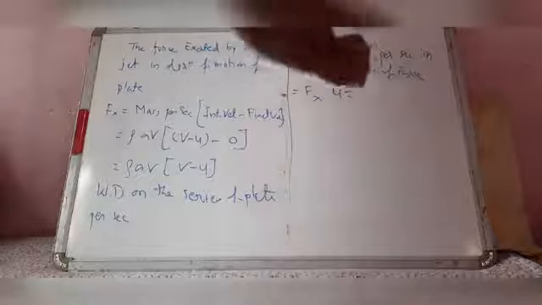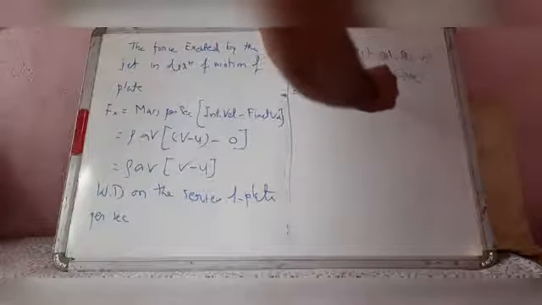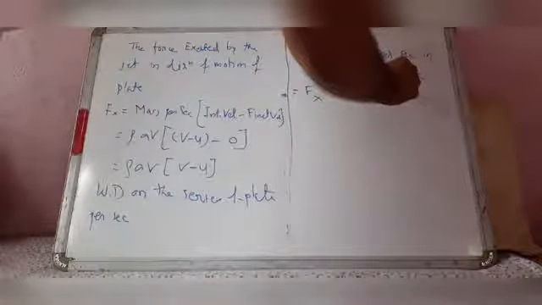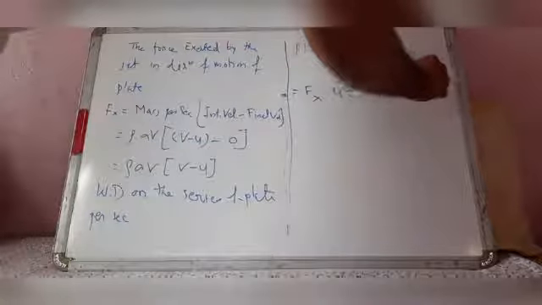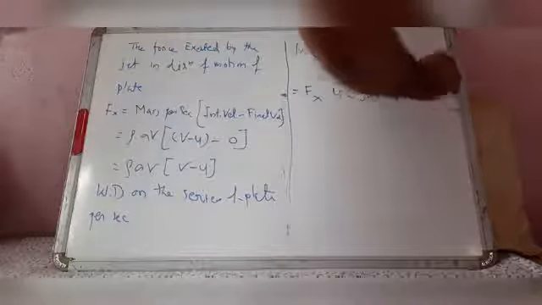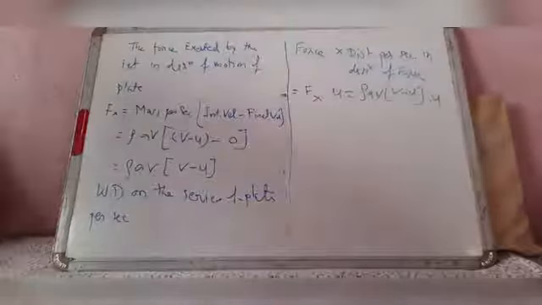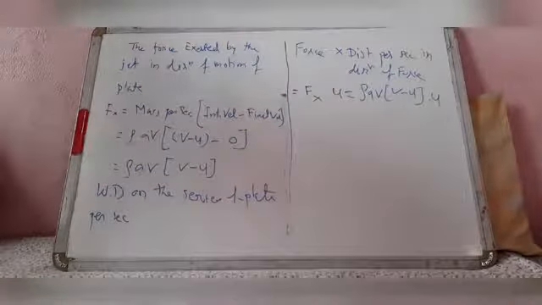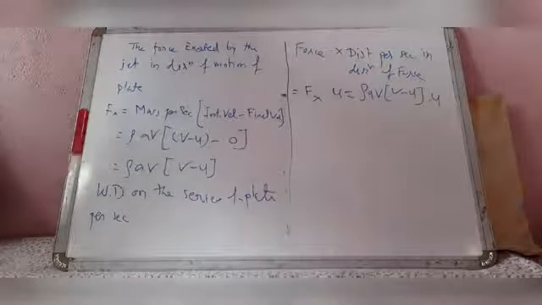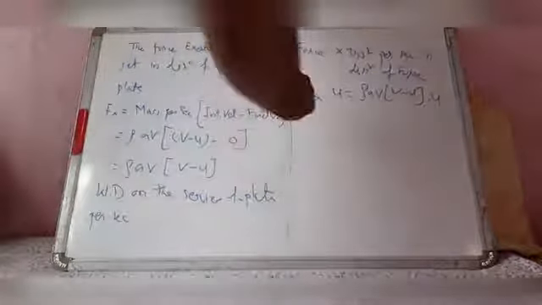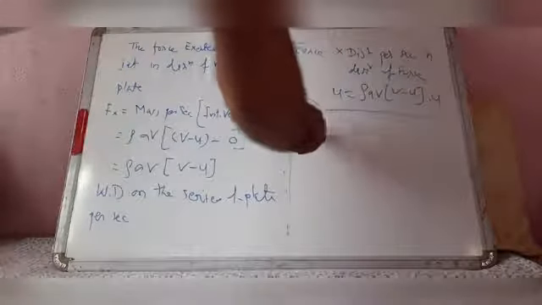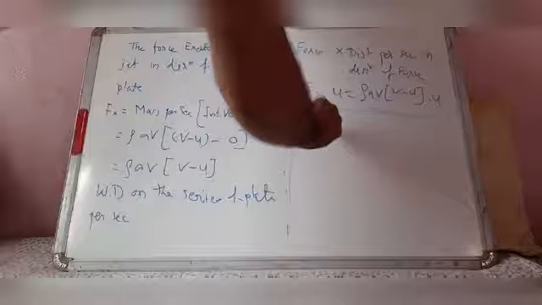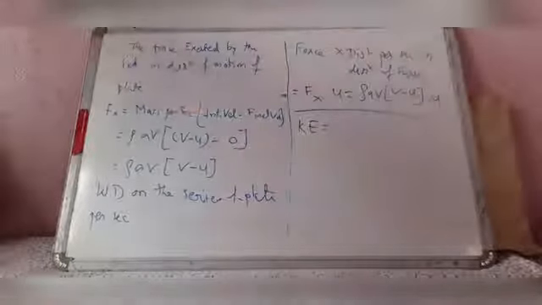Putting the value of Fx, rho A v into v minus u, into u. This is the formula for work done. Next is the kinetic energy of the jet per second.